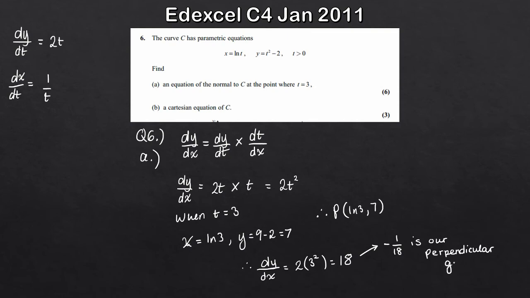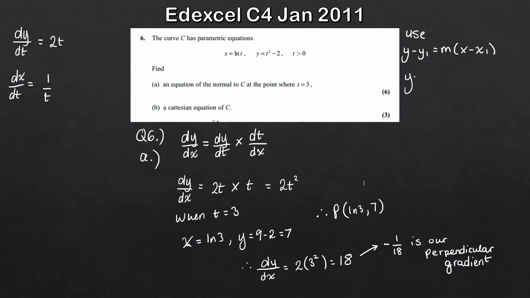So we'll just write that down. So just to finish this now, all we do is use y minus y1 is equal to m times x minus x1, where our y1 will be 7 and our x1 will be ln 3.